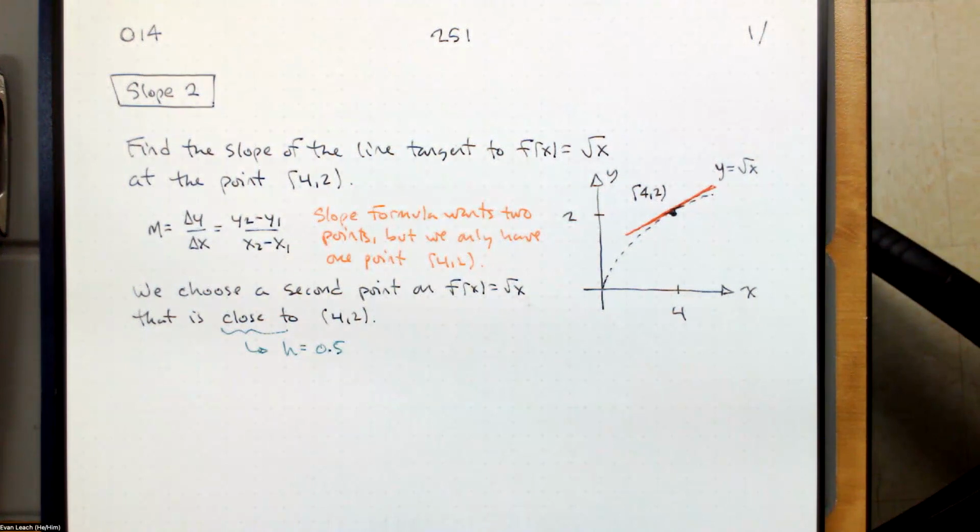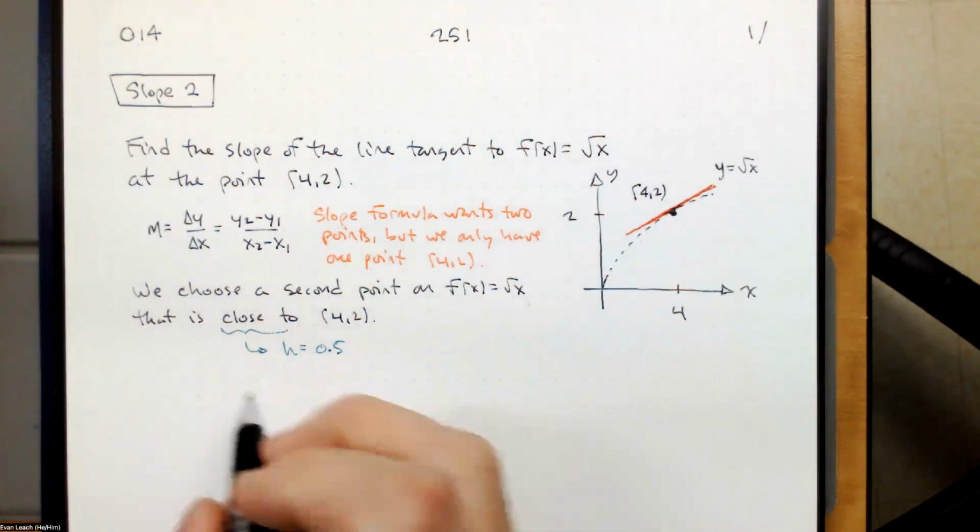Remember that our strategy is to use the slope of the secant line to approximate the slope of the tangent line. And we get a better approximation if we move these points closer together. So we improve the approximation using smaller values of h.